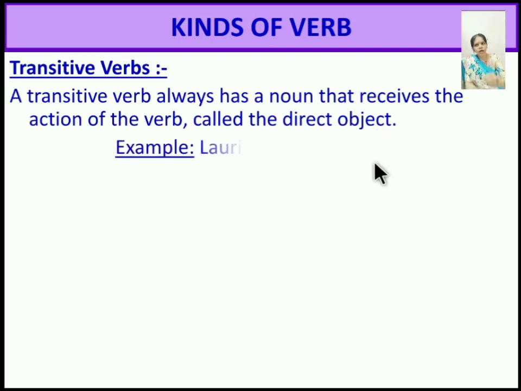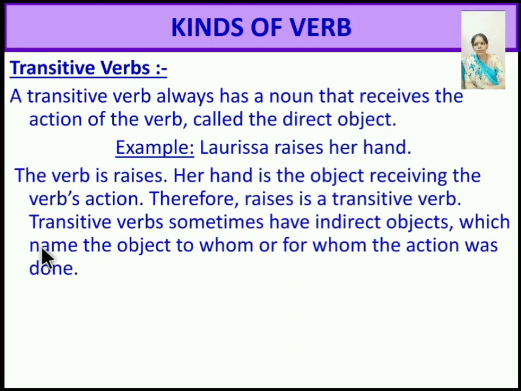No. So I am writing on a pen or a page. Then the page or the pen or the paper becomes the object receiving the action or the effect of my action done. For example, here it's given as Larissa raises her hand. She just raises her hand. So she is raising her hand. So Larissa is the subject and the hand is the object which is receiving the effect of the action.